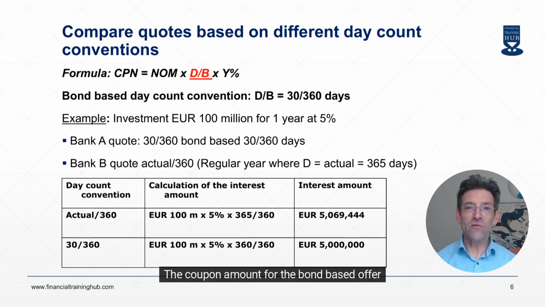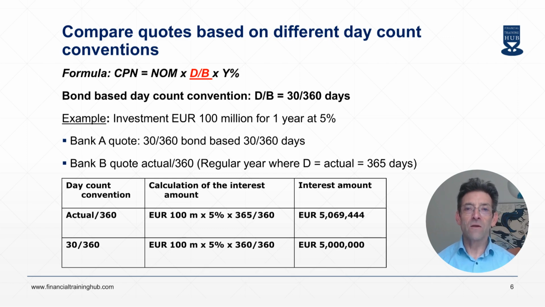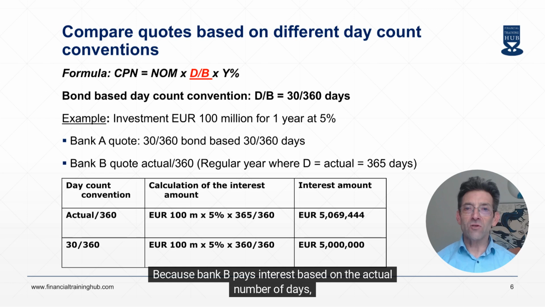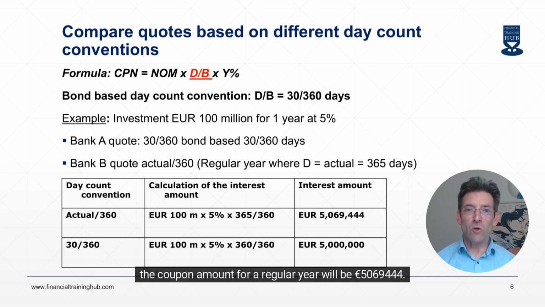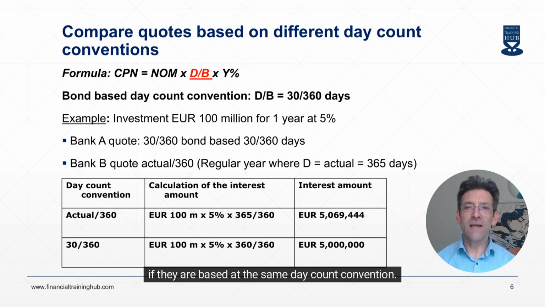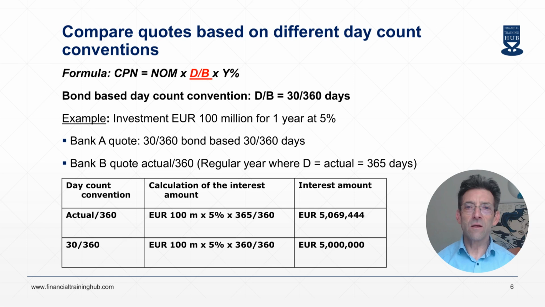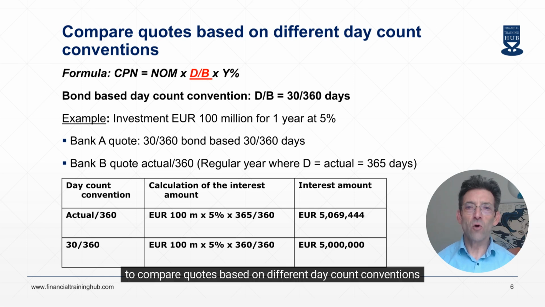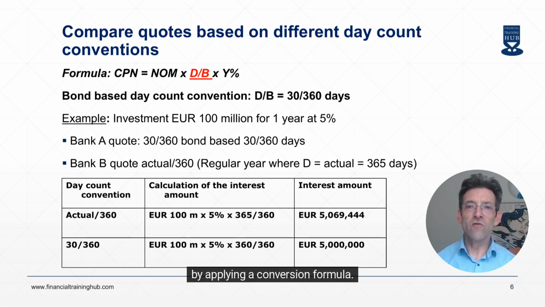The coupon amount for the bond-based offer will be €5 million for Bank A. Because Bank B pays interest based on the actual number of days, the coupon amount for a regular year will be €5,069,444. An investor can only compare different yields per coupon period if they are based on the same day count convention. It is possible to compare quotes based on different day count conventions by applying a conversion formula.